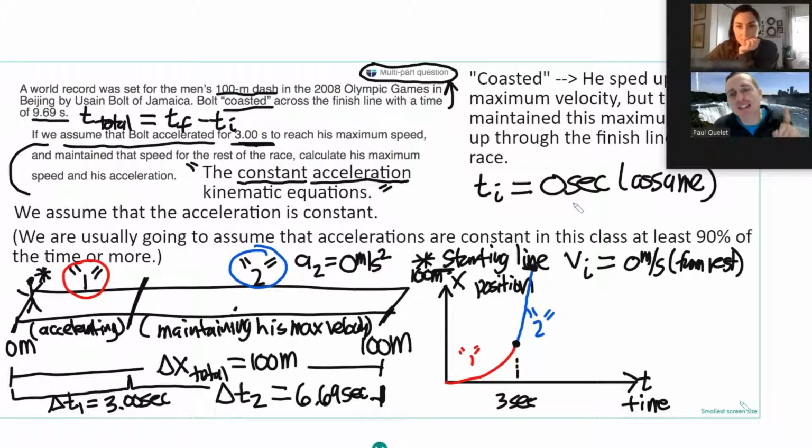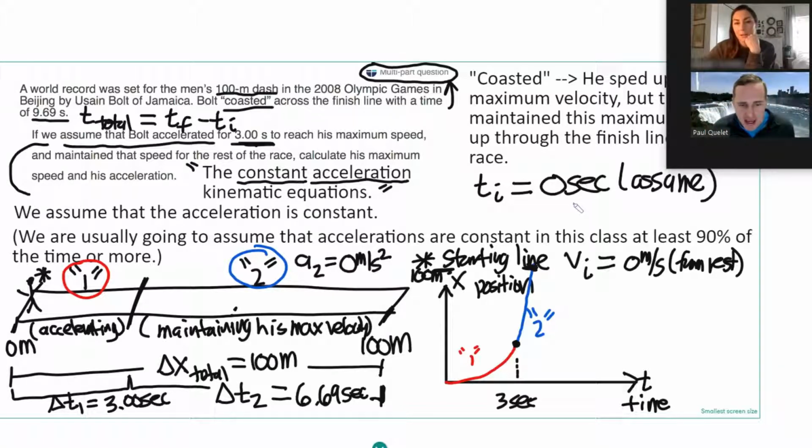But the final velocity of segment 1, which is his maximum velocity that he maintains once he gets there, is also the initial velocity of segment 2. That might seem a little obvious, but that's not obvious until you write it down.